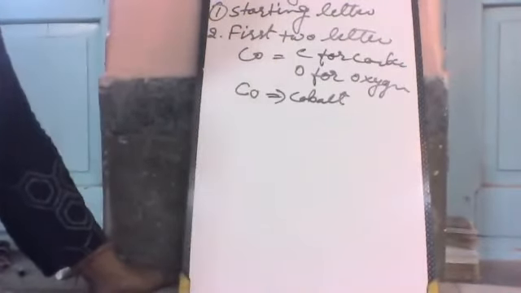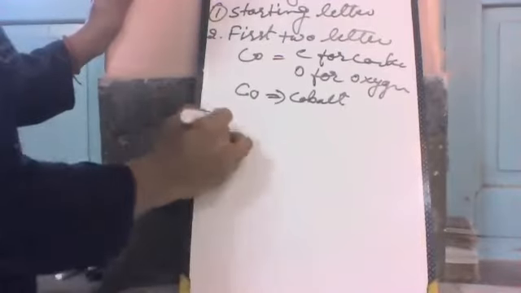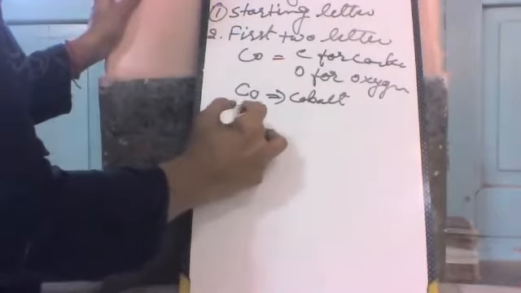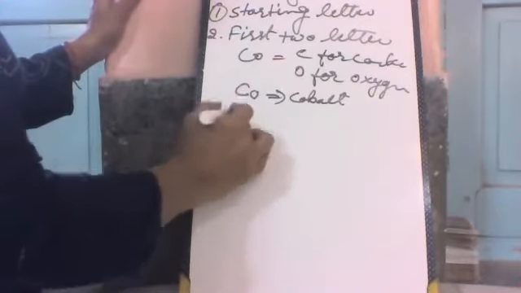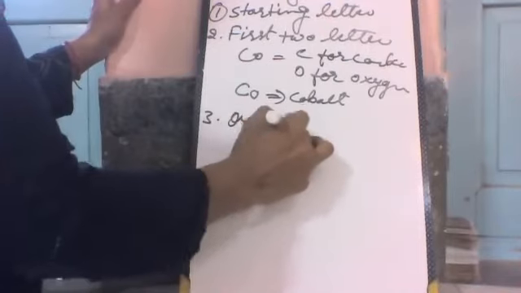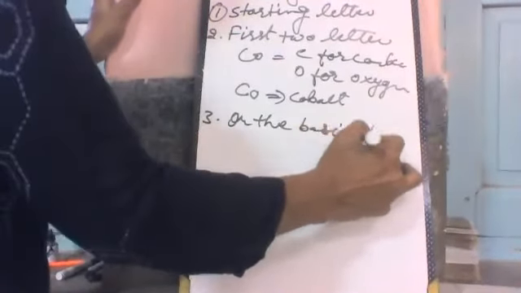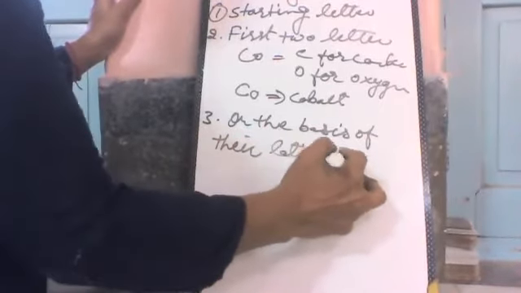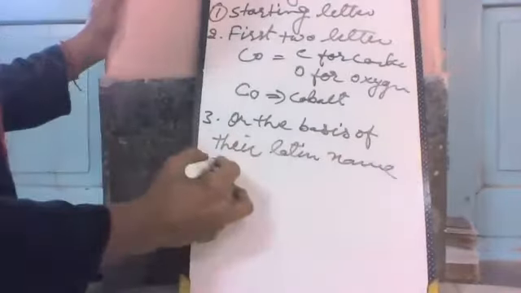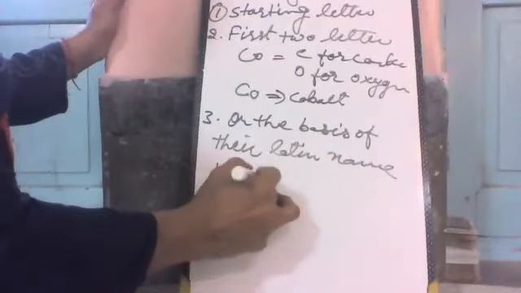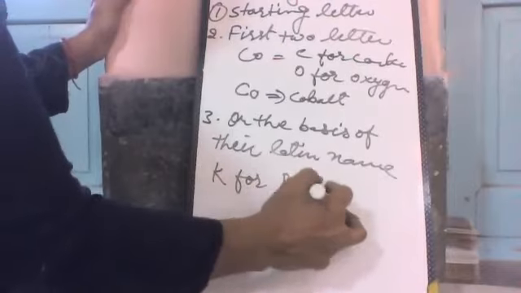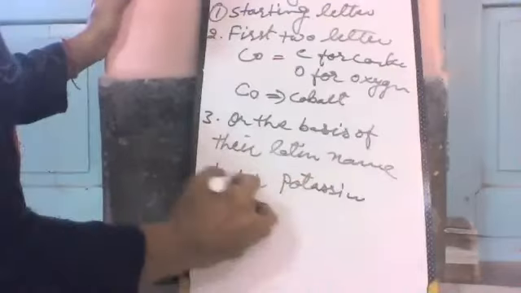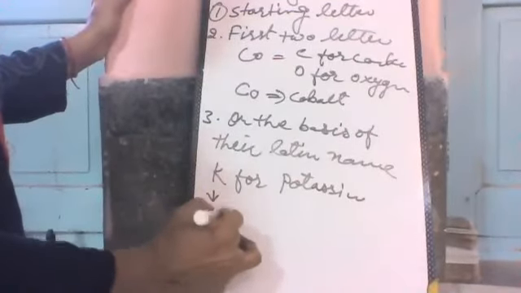Then on the basis of their Latin name, some elements were named on the basis of their Latin name. And the examples are K for potassium, due to its Latin name Kalium.